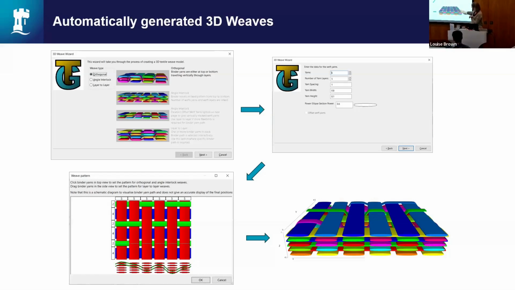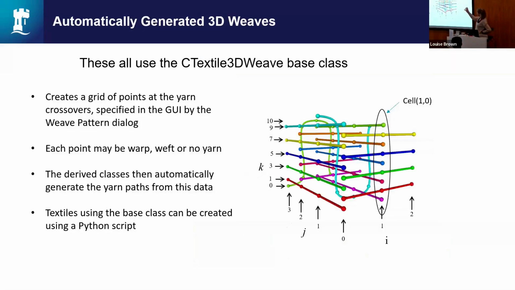In this case, because you've got yarns that come up and around, it actually adds extra nodes around so that you don't get intersections. There's a 3D grid that it stores, whether it's warp, weft, or there's nothing there. And then the weave pattern dialogue populates that grid, and then it automatically generates the yarns.